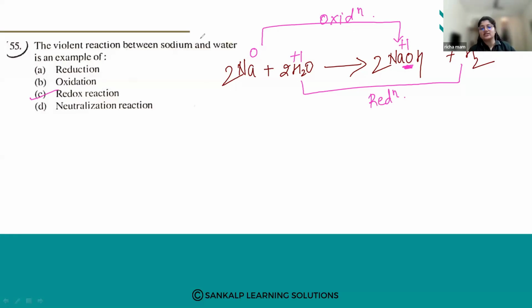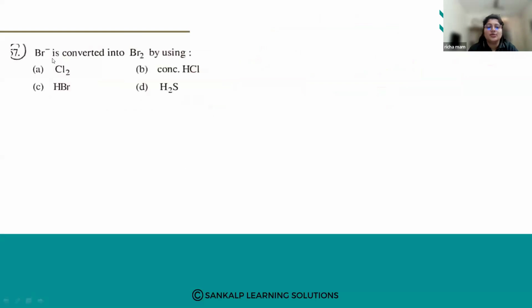A redox reaction is a reaction in which both oxidation and reduction take place simultaneously. Let us go for the next one. Br minus is converted into Br2 by using what? Bromide ion is converted to bromine, Br2, by using what?